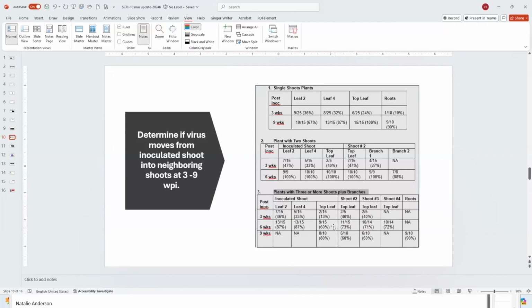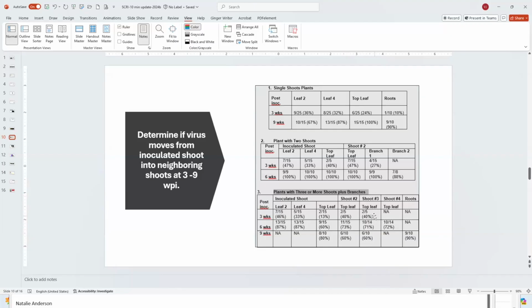And you can see at the top leaf at 6 weeks, we get 73%, 71%, 72% of them testing positive. And then at 9 weeks, we get up to 80%, 60% of the top shoot. So there's some fluctuation in levels.